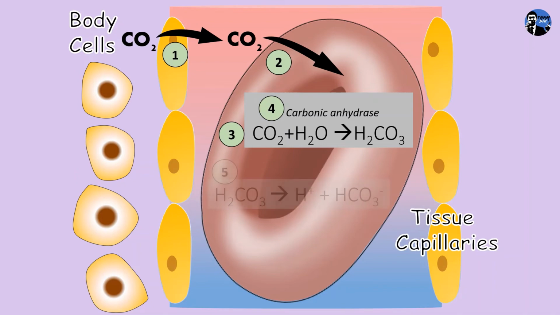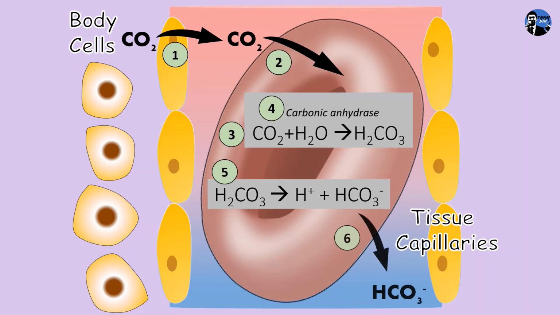Next, carbonic acid dissociates or breaks down into hydrogen ion and bicarbonate ion, HCO3 negative. Bicarbonate ion diffuse out from the red blood cell to the blood plasma.